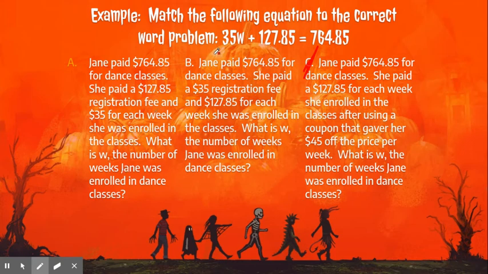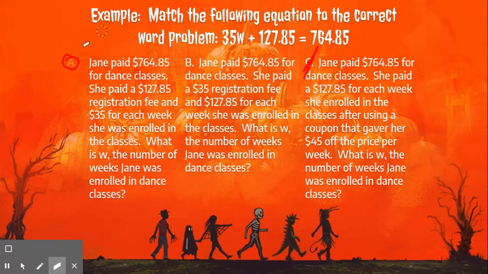If that says 35W, remember, if it's attached to the variable, we want the one that has the word per, each, or every with it. So this says $35 for each week, which means it should be 35W. And then a registration fee, or an initial fee, or a one-time charge, those are always going to be by themselves. So we know this answer is A.